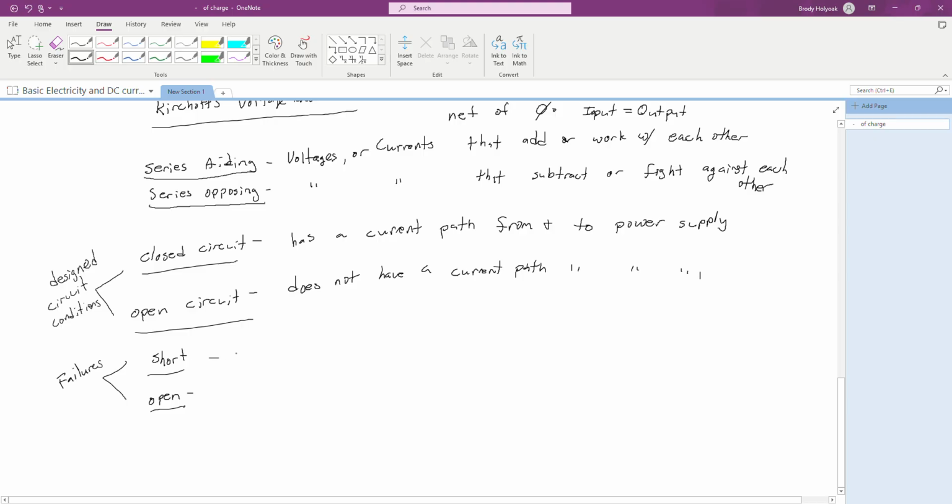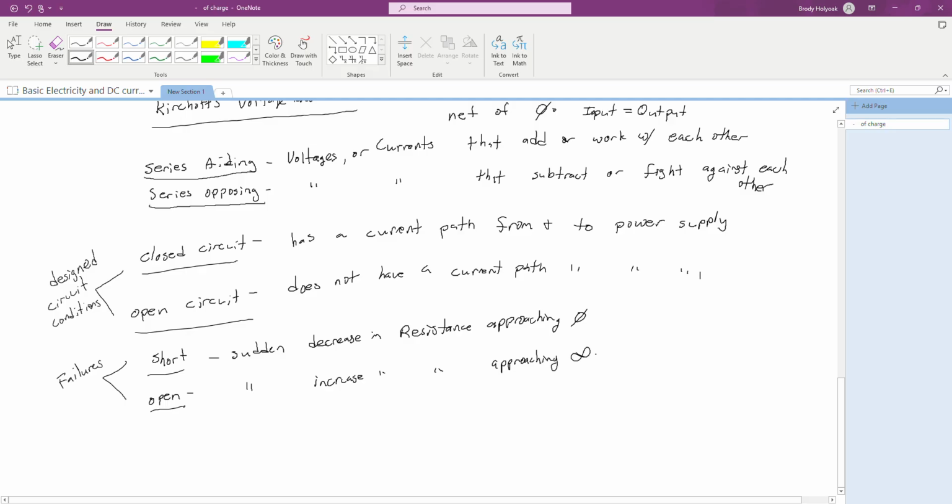A short is a sudden decrease in resistance approaching 0 or trying to. An open is a sudden increase in resistance approaching an infinite value.